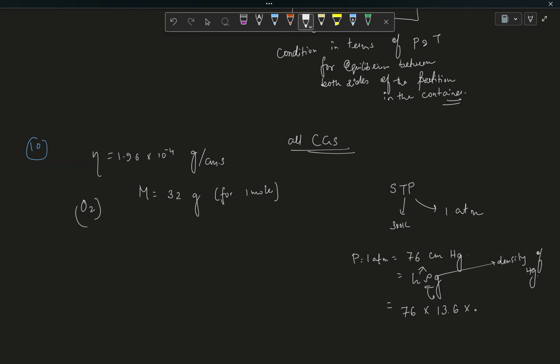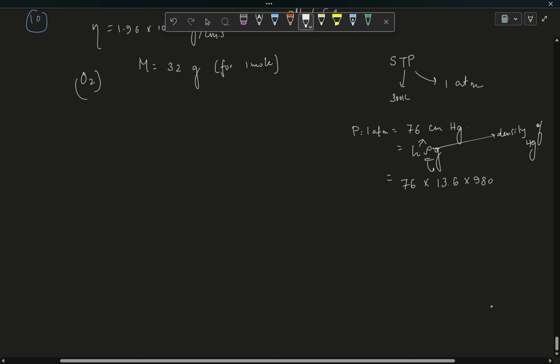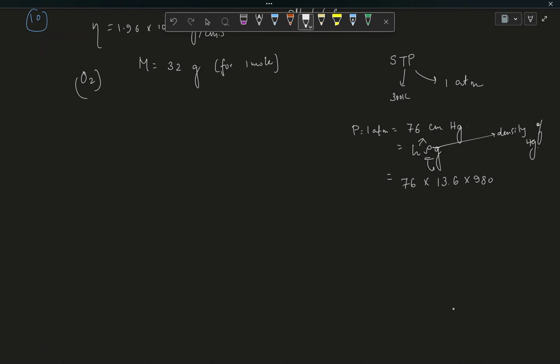And gravitational acceleration g is 980 centimeter per second square in CGS. So this whole thing is your pressure: 76 into 13.6 into 980.